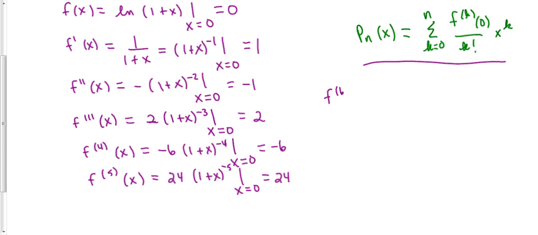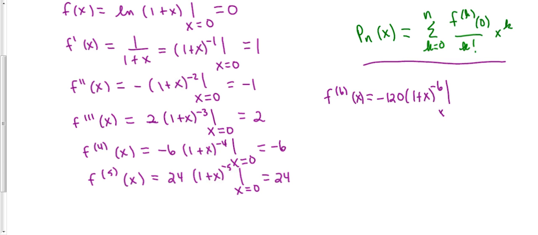Our sixth derivative is going to give us negative 120 times 1 plus x to the negative 6.